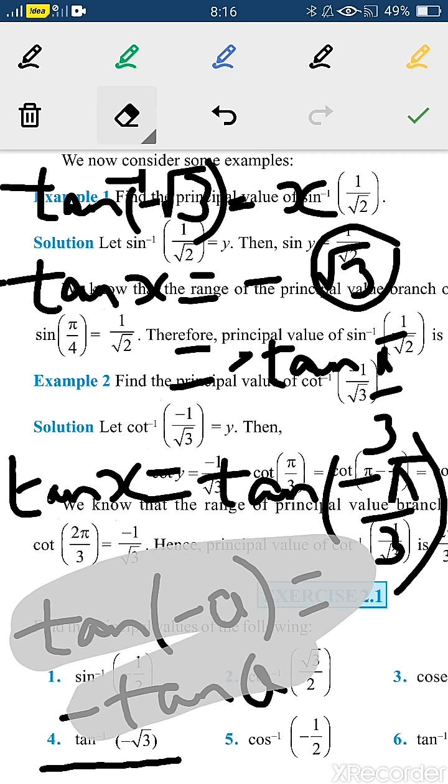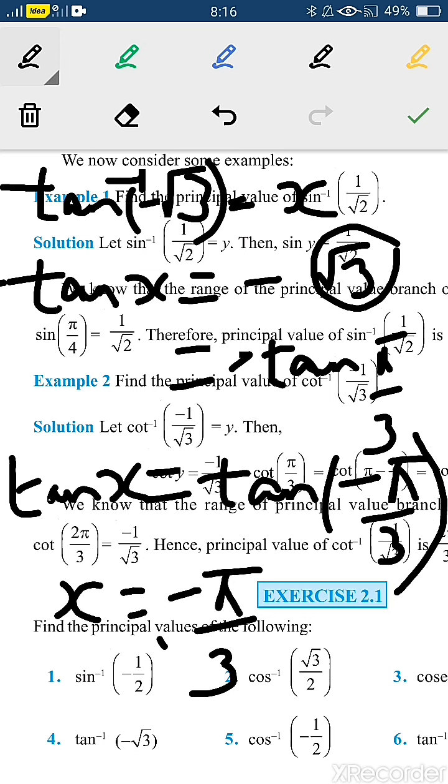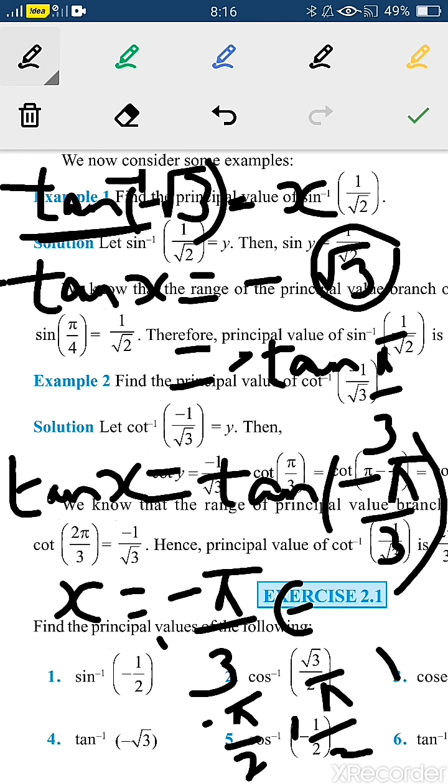I hope you are clear with this. So now I am erasing this, right? From here, what do I get? I got x is equal to minus pi by 3. And does this belong to the principal value branch of tan inverse? That is the open interval minus pi by 2 to pi by 2. So yes, it is belonging, right?